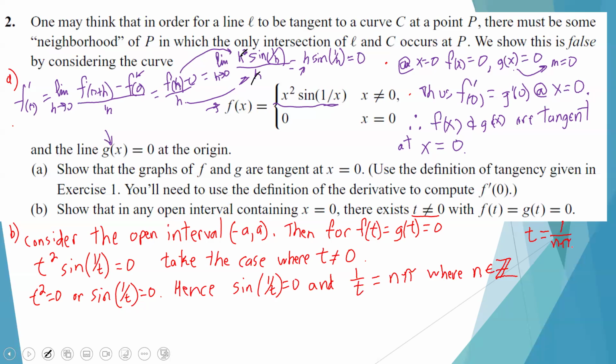This means, what does this mean? This means, put a period there.